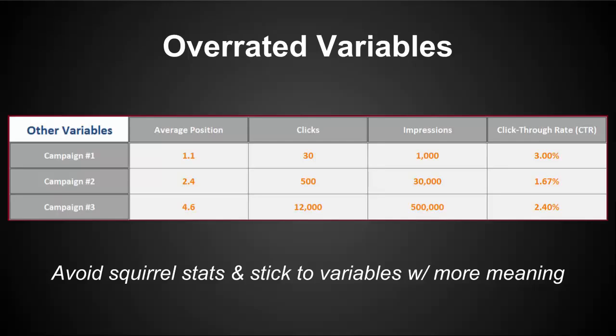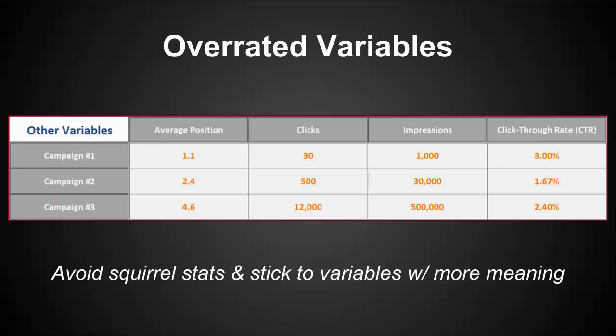And the last one here, I actually almost excluded this one from the slide: click-through rate. The reason I almost excluded it is because click-through rate is the most dominant variable within Google's algorithm for determining ad rank. If your click-through rate is higher, they're going to show your ads higher. The reason for that is that Google makes money off of people clicking on their ads.